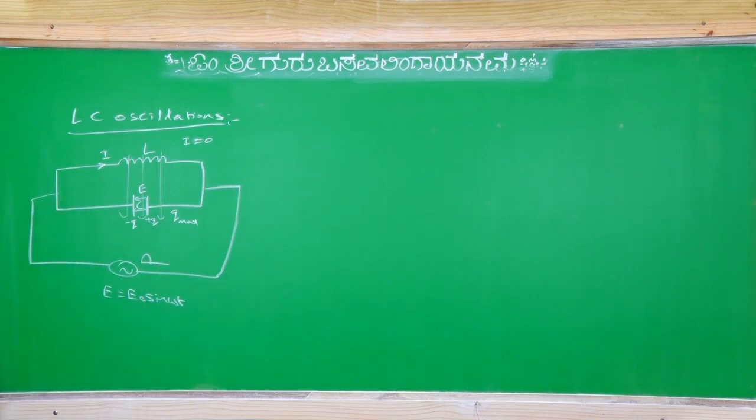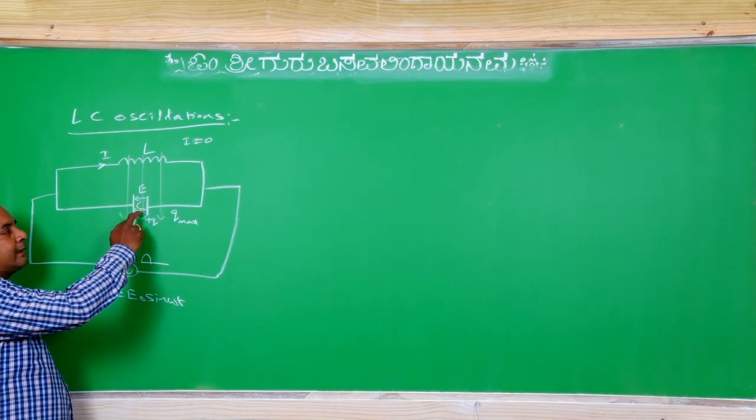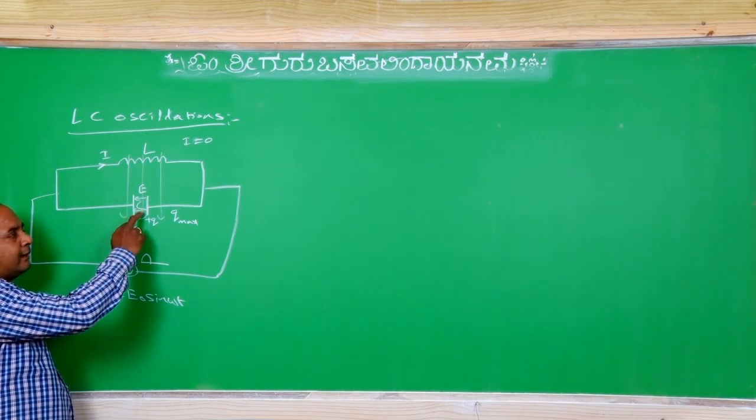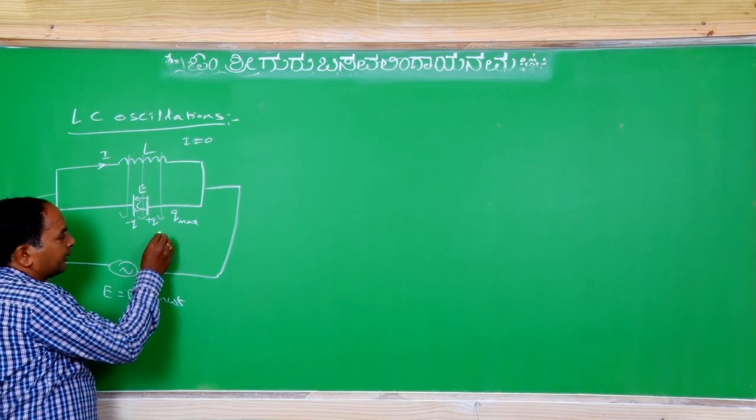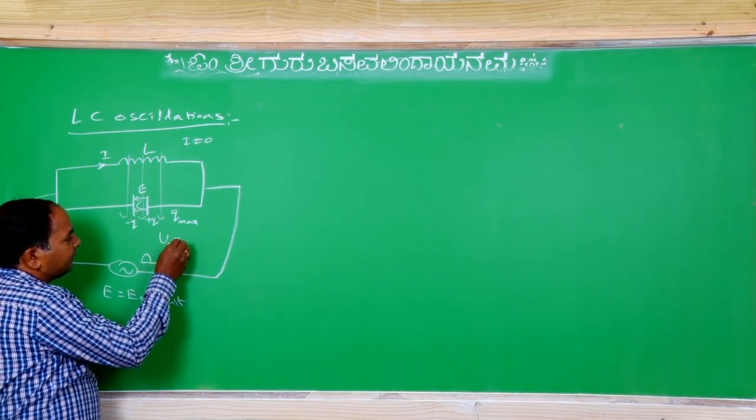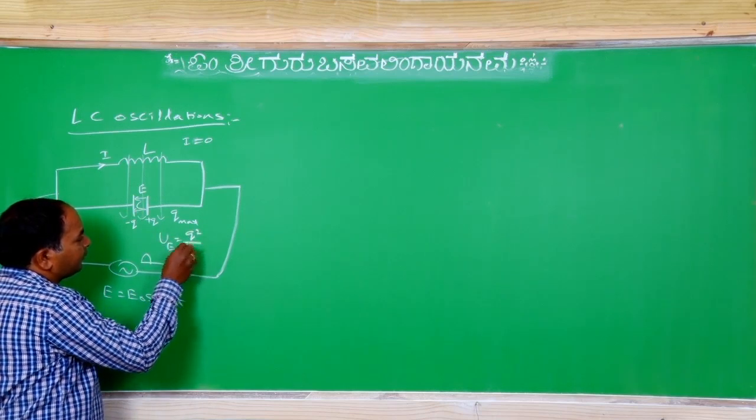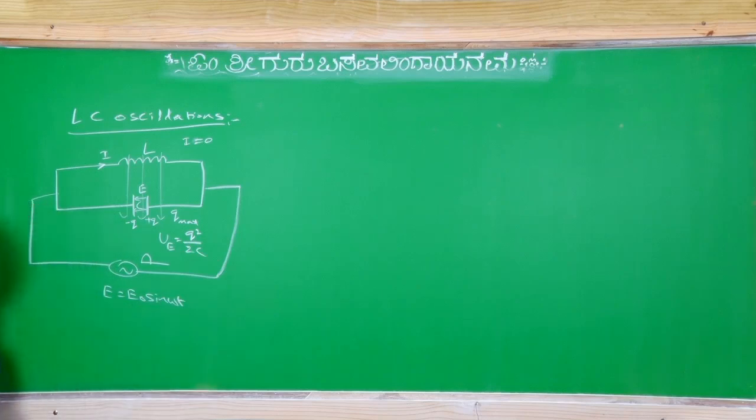When the current through the inductor becomes 0 and the charge on the capacitor becomes maximum, this capacitor acquires certain energy due to the electric field. That energy is given by Q square by 2C.